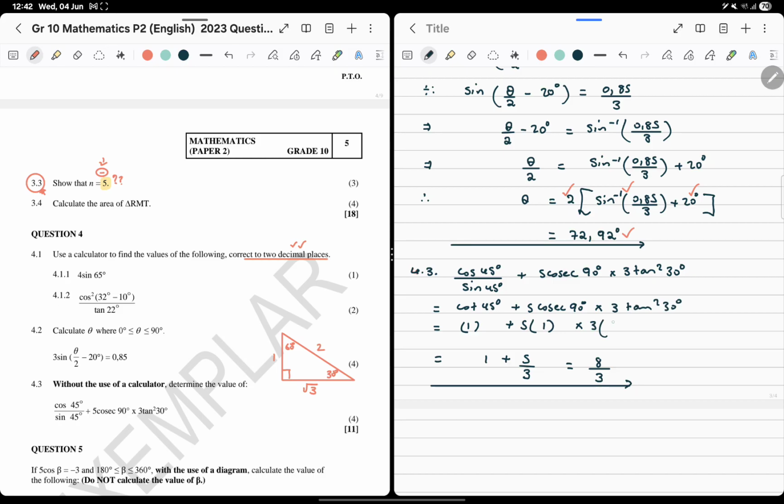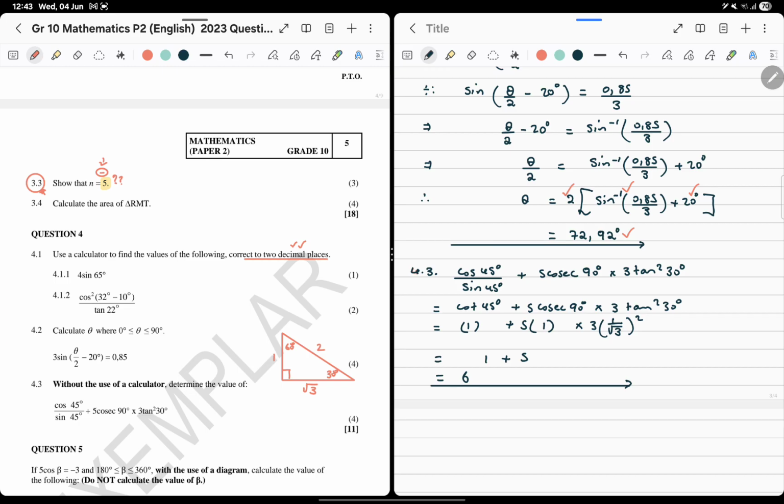This is 3 into 1 over square root 3, all squared, right? So this changes everything now, because this and that will take each other out. Just leaves us 1. This whole thing is 1. And then 1 times 5 is just 5. So the answer is 6.